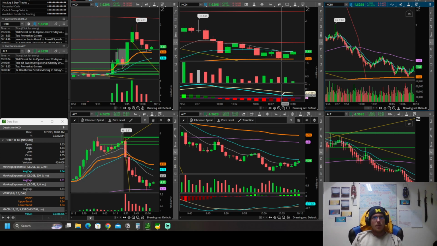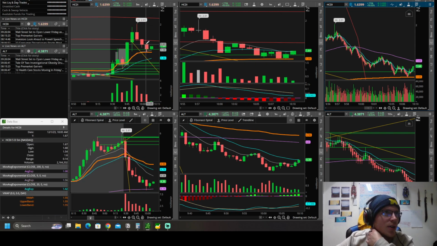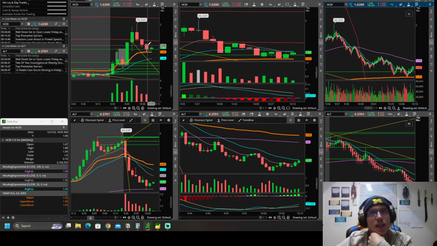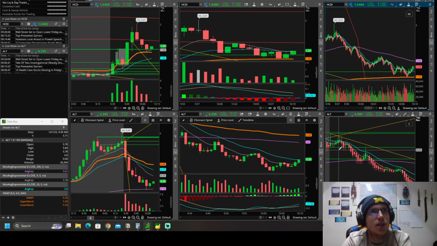VWAP bounce is working. Now I look for the first 5-minute candle to make a new high. A new 5-minute candle just opened, and the high is 68. And if I was in it from the dip, it would be 10 cents right now, basically.